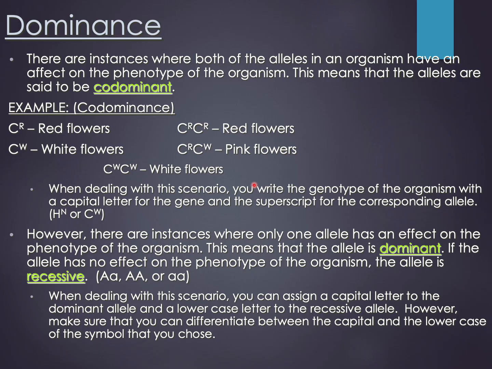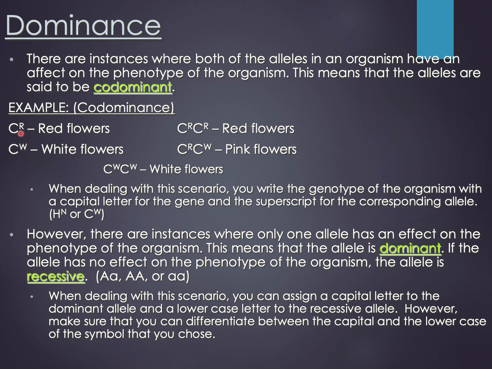Taking a look at dominance, there are instances where both of the alleles of an organism have an effect on the phenotype of the organism. This means that the alleles are said to be co-dominant. When dealing with this scenario, you write the genotype of the organism with a capital letter for the gene and then a superscript that's going to correspond with the allele.